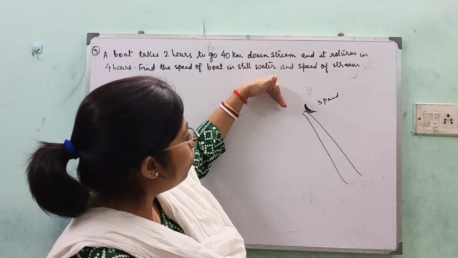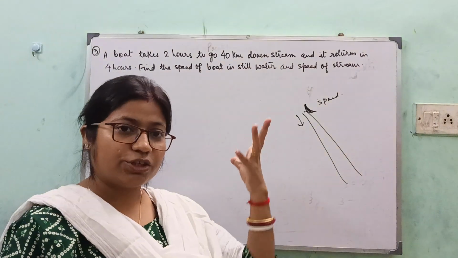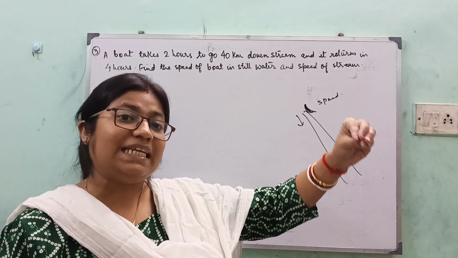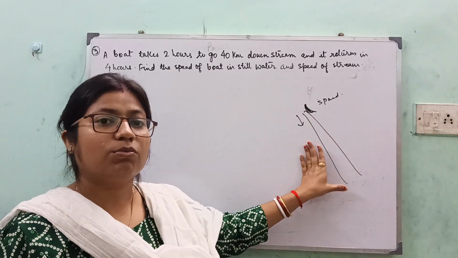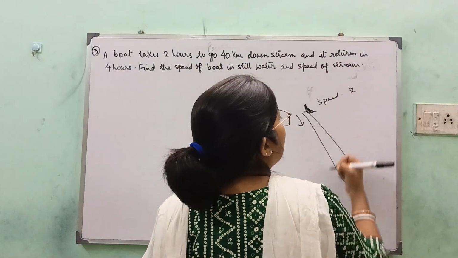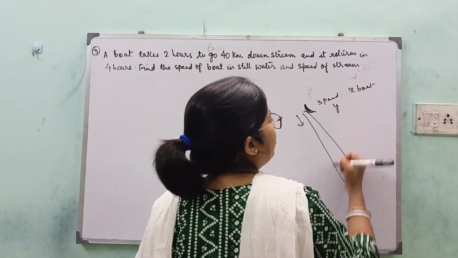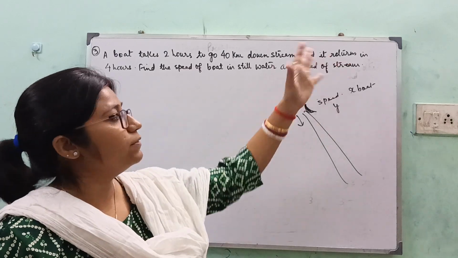Now, when it is flowing in the direction of the current, or direction of the water, or direction of the river, the speed of the boat gets increased. By what? By the speed of the water or the stream. So, suppose x is the speed of the boat, and y is the speed of the water current or the river, here the speed of the stream.